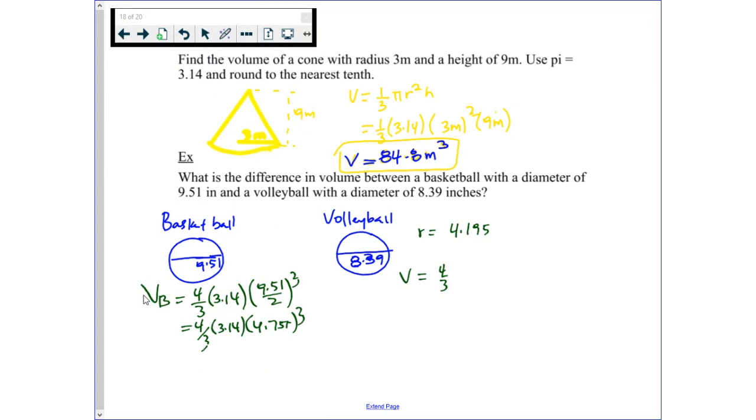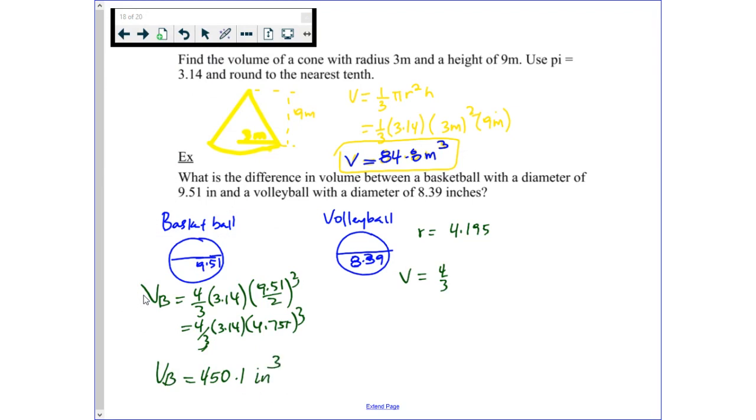The formula says cubed. So 4.755, which is the radius, cubed, times 3.14 times 4 divided by 3, which is 450.1, the volume of the basketball, inches cubed.